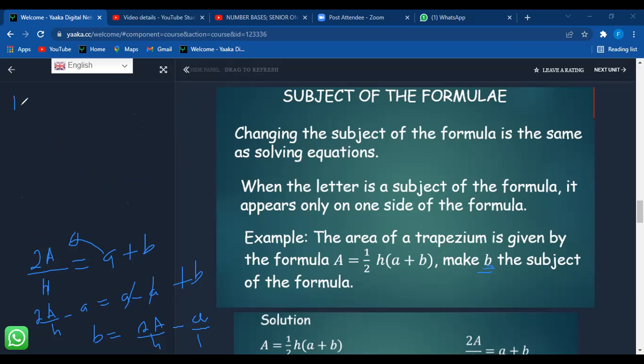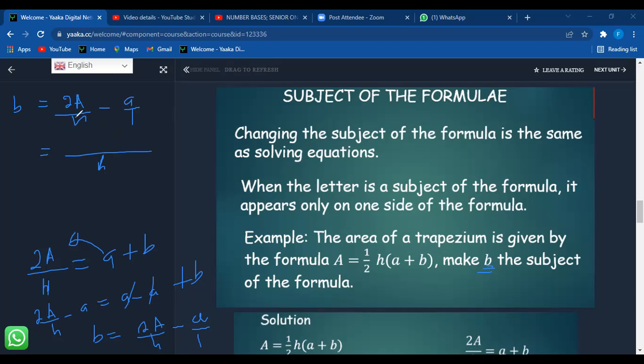So our B is equal to 2A divided by h minus a. So we put a over 1, and then we get the LCM of h and 1. So what will be the LCM of h and 1? h.